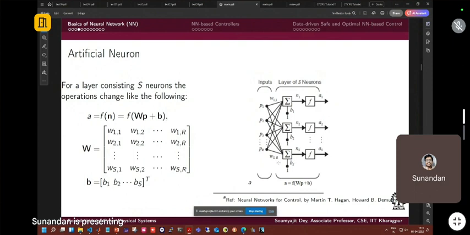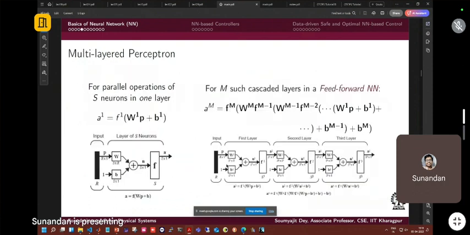Whichever input signal is sent to the nodes will be summed up by multiplying with different weights. This is the weight matrix used for that purpose, and it adds the biases after multiplication with the input, and then passes the result through an activation function. After it is passed through an activation function, this is how it looks.